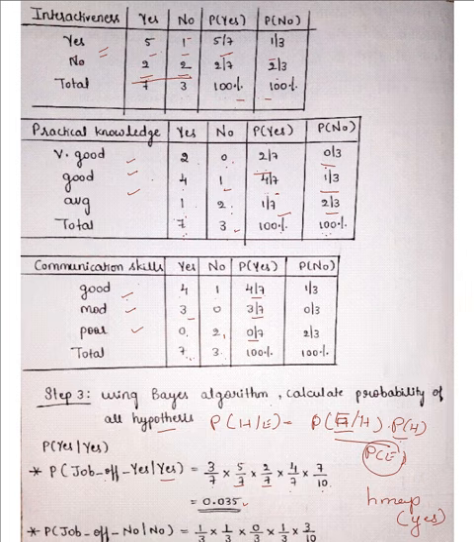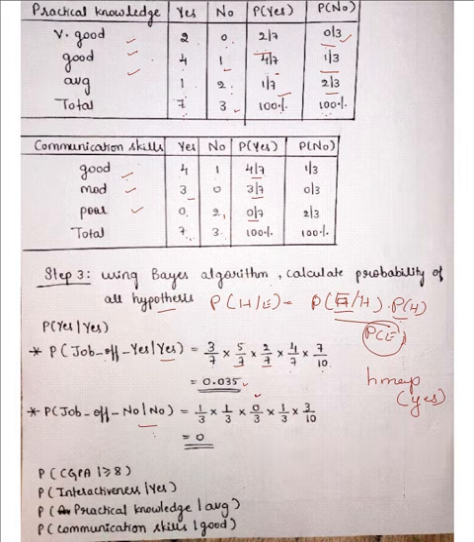So job offer no on no, that is 1 by 3. And for practical knowledge, again for very good, what is the job offer no you have here? 0 by 3. So substitute that 0 by 3 here, into, next for good, the probability of no is 1 by 3.